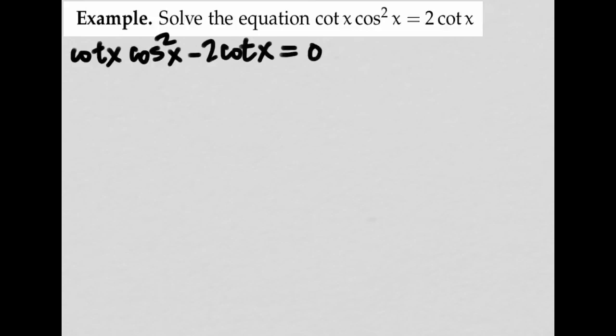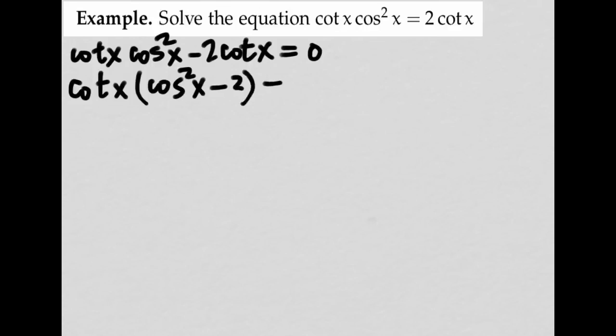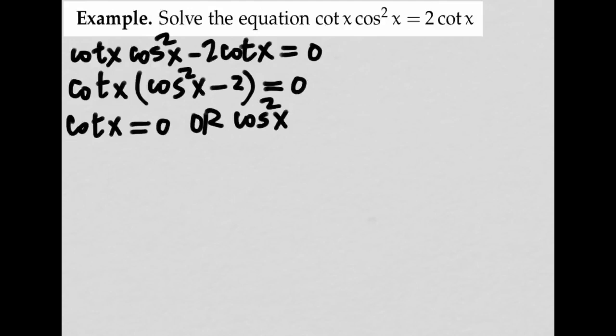Factor out cotangent x to get cotangent x times cosine squared x minus 2 equals 0. This means that cotangent x equals 0, or cosine squared x minus 2 equals 0.